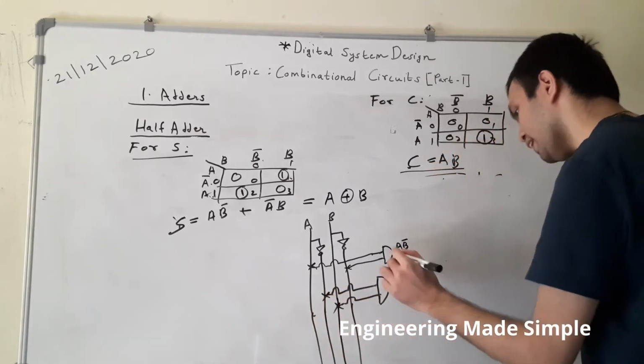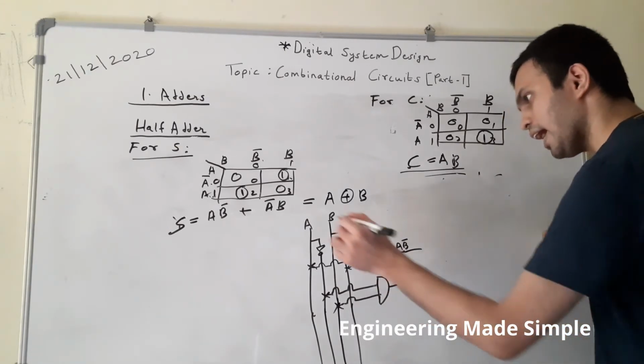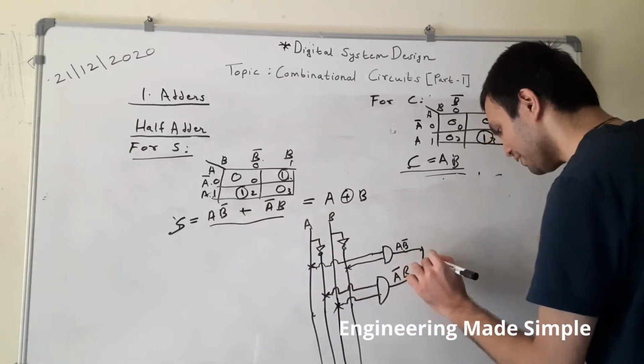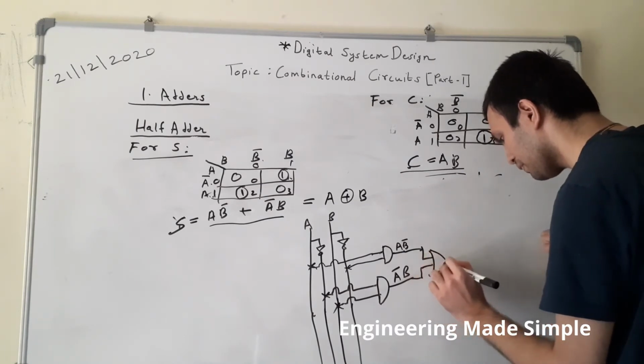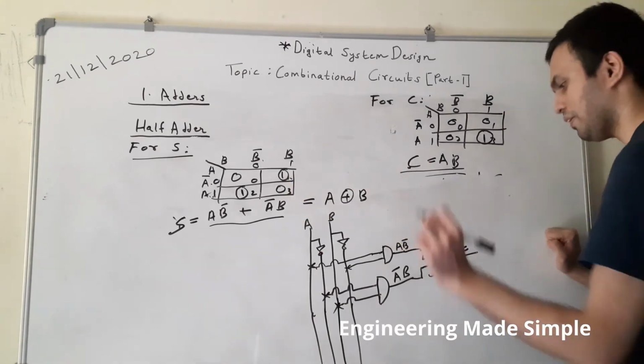So this will be AB bar and A bar B. And these are added together, this particular equation. So we will pass it through an OR gate. So this is your sum, this particular expression.